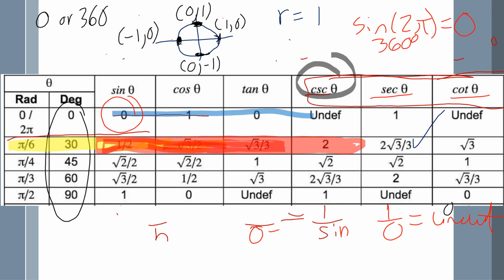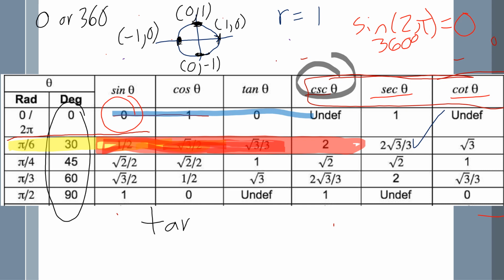So let me ask you a question. What if I was to ask you for the tangent of pi over 2? So if it's pi over 2, if you don't know by now that that's 90 degrees, that's saying tan of 90.